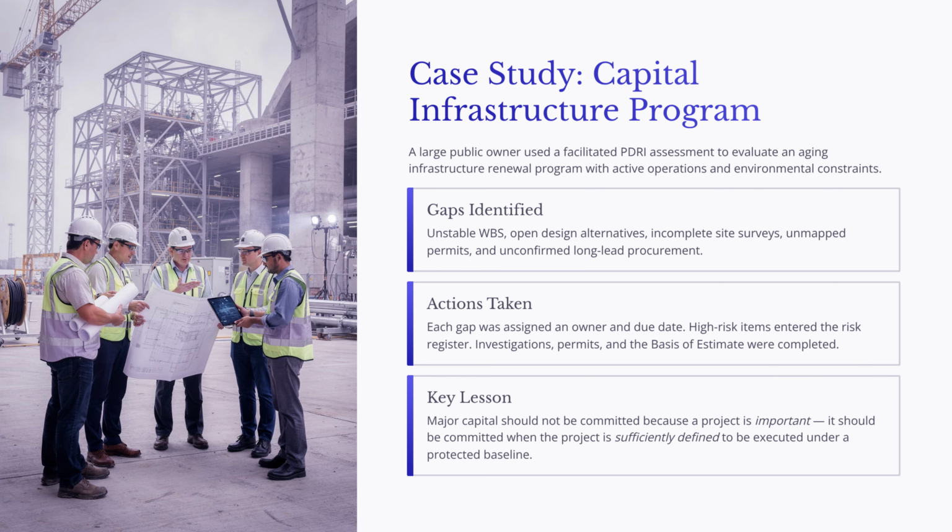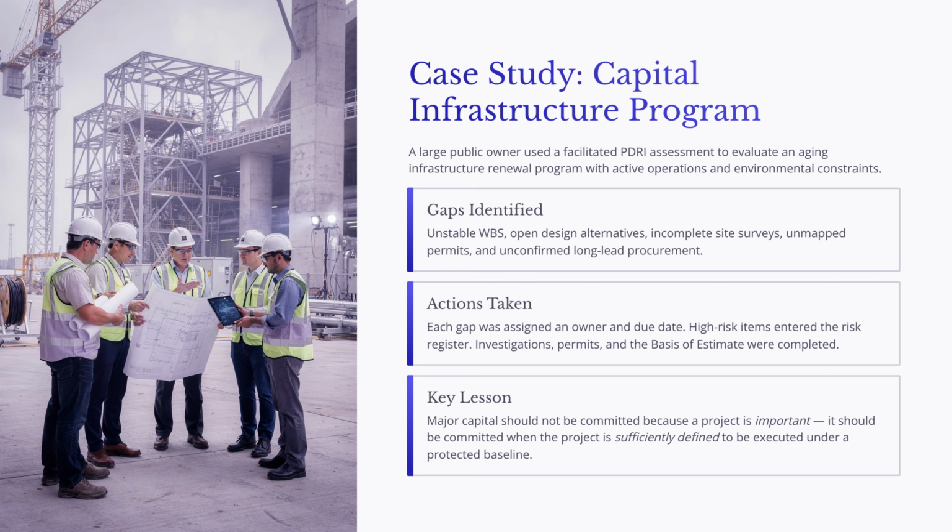Instead of treating scope definition as the responsibility of the design consultant alone, the owner formed an integrated project team. The team included project management, engineering, construction, operations, maintenance, environmental compliance, procurement, estimating, and scheduling. Using a facilitated PDRI assessment, the team identified several major gaps.